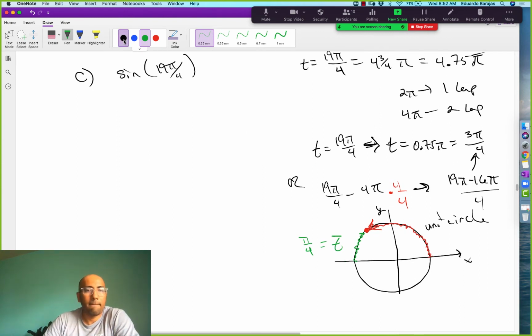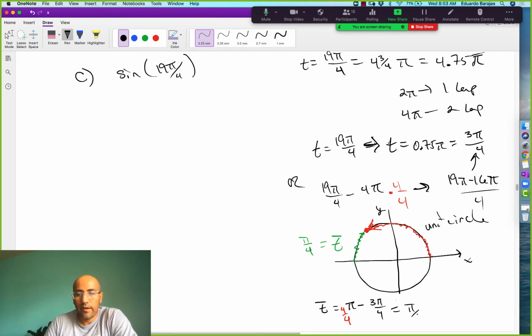So t bar equals pi minus 3 pi over 4. Common denominator is 4, so multiply by 4 over 4, we get 4 pi minus 3 pi gives you pi over 4.